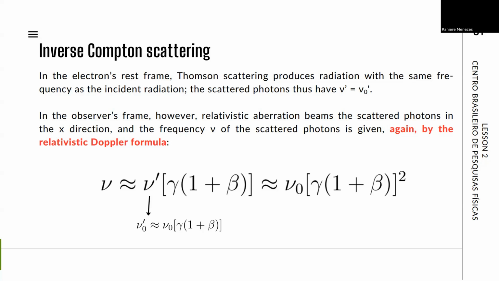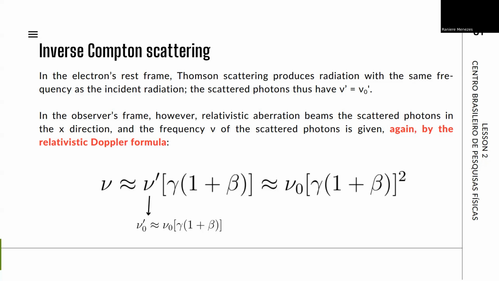We can substitute this here, and we get this as our final formula. So the frequency that I will observe of a photon that was Compton scattered will be the original frequency of the photon multiplied by this factor squared.